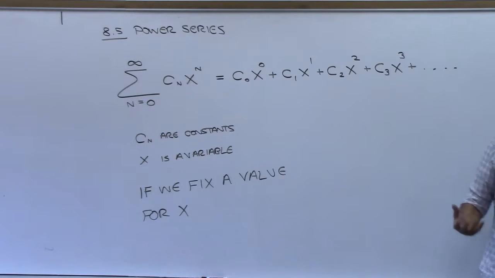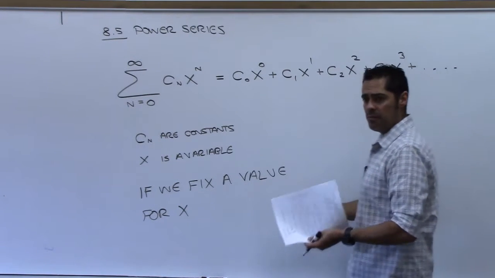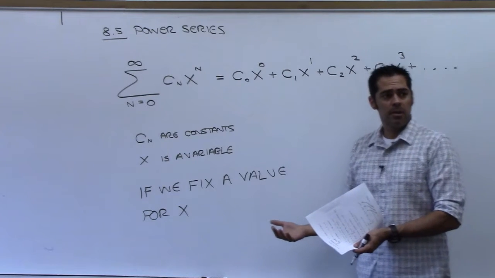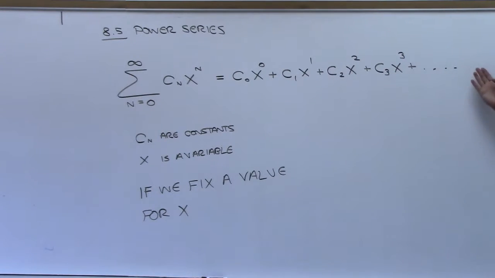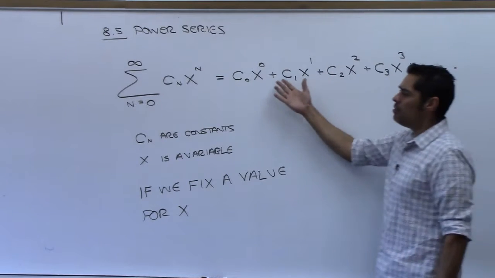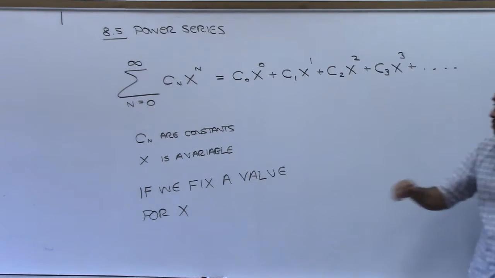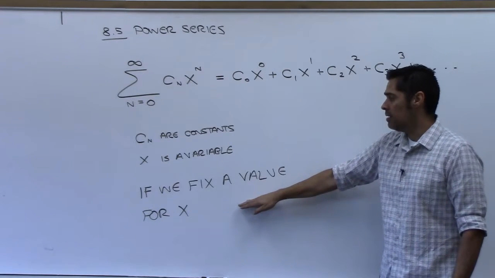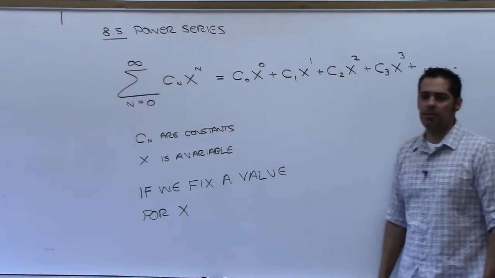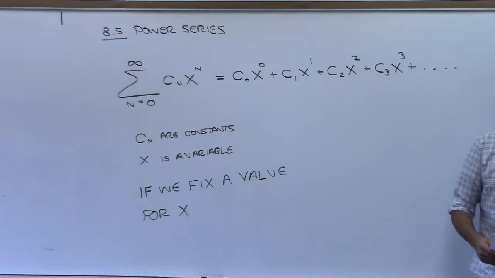And haven't we been studying whether those converge or diverge? By itself, as it appears, a power series, you don't really know right now whether it converges or diverges. But if someone gives you an actual value for x, if we fix it, you should be able to determine if it converges or diverges, right?